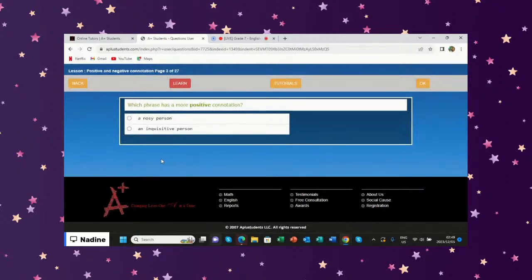And lastly, which phrase has a more positive connotation? Is it when you have a nosy person or a very inquisitive person?